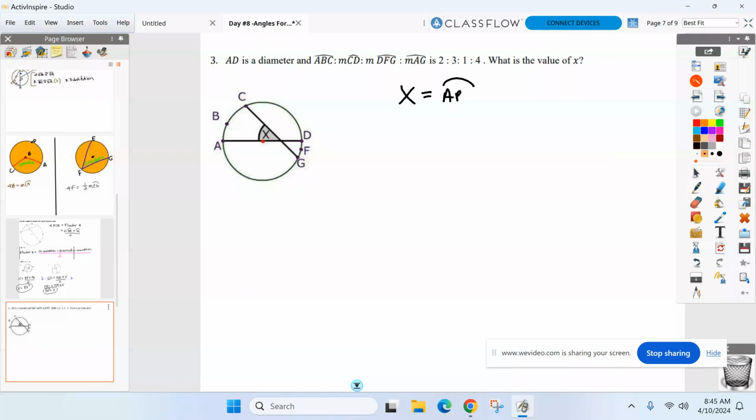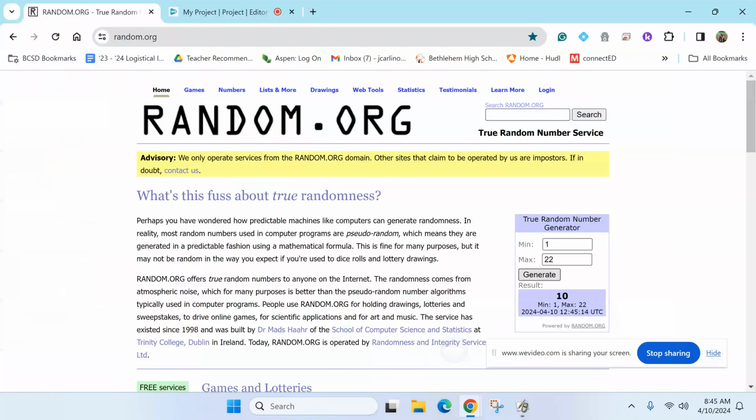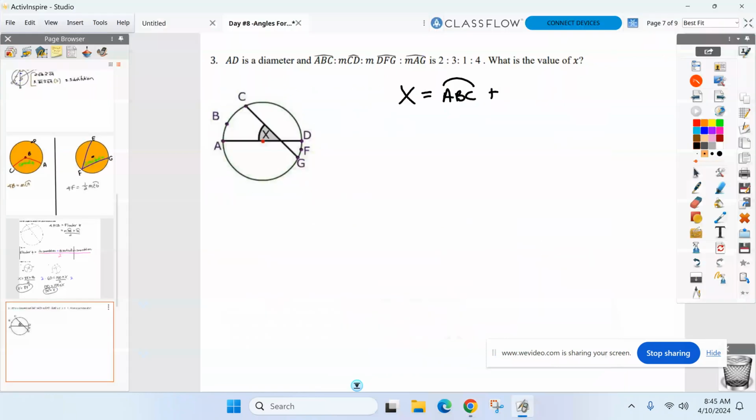So we're going to take arc ABC, add that to its vertical angle's arc. Cormac, what's the vertical angle's arc? DFG. Yep. And then we're going to divide that by 2. So that's our goal. I need to get those 2 arc measures so I can substitute them in.